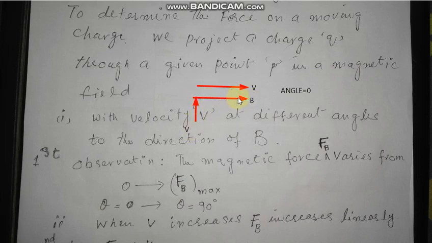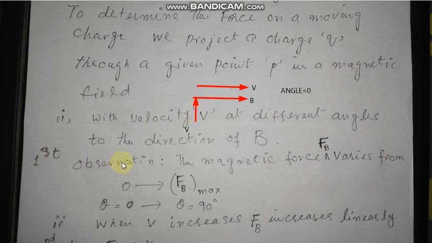So in such a situation, when the angle between v and B is 90°, the force acting on the charged particle will be maximum. This is our first observation.